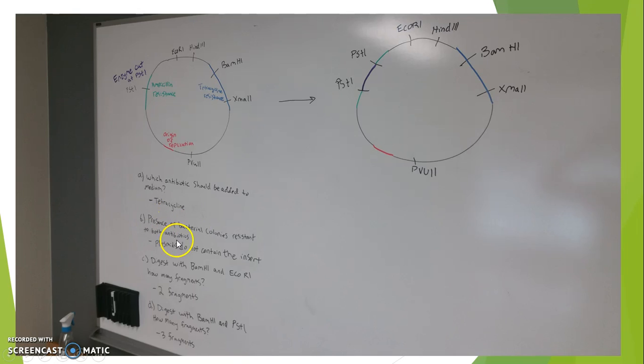And what if there's a presence of bacterial colonies resistant to both antibiotics? This means that if the E. coli bacteria is resistant to both ampicillin and tetracycline, the enzyme didn't cut, and this strand right here wasn't ligated into the plasmid, because if it was ligated into the plasmid, it wouldn't be ampicillin resistant.